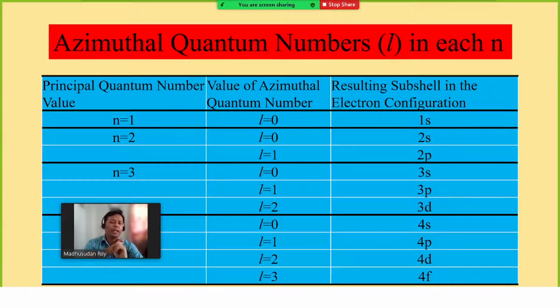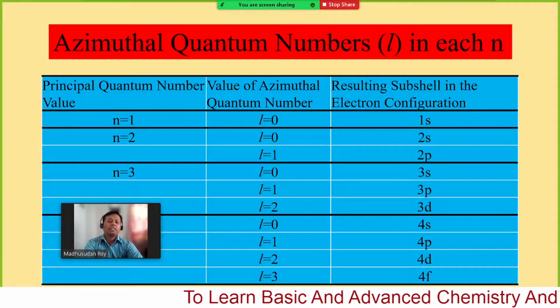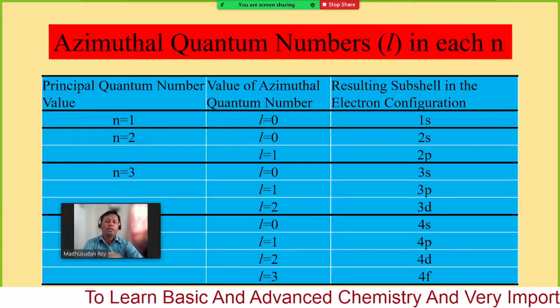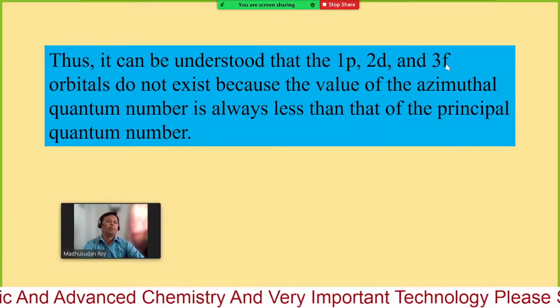It cannot be equal to n. So for any orbital, that is not possible.